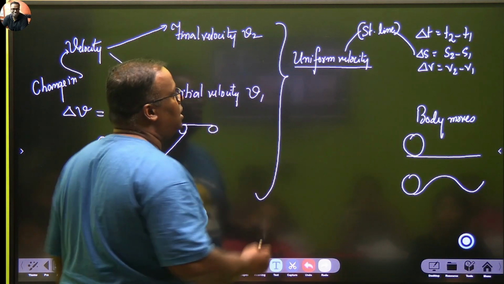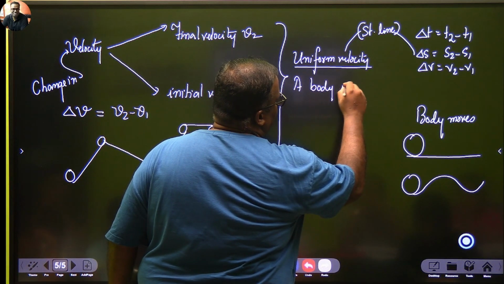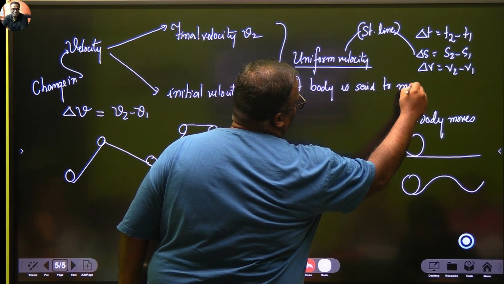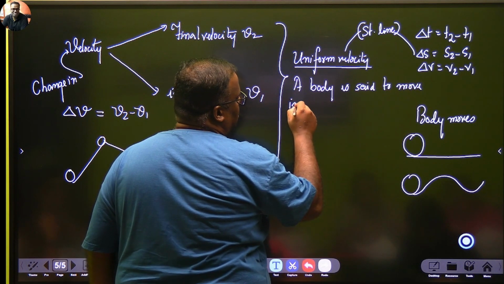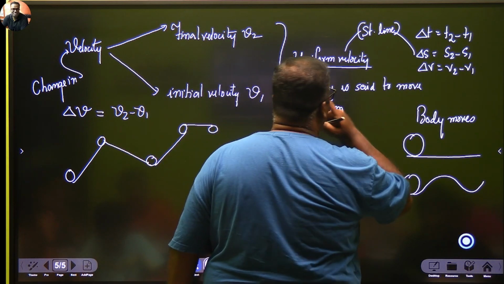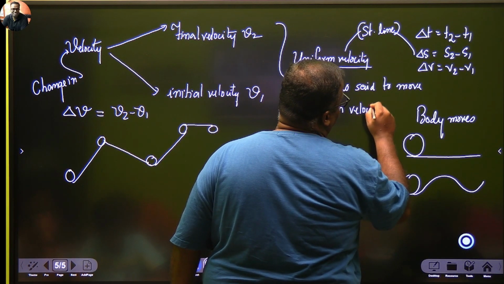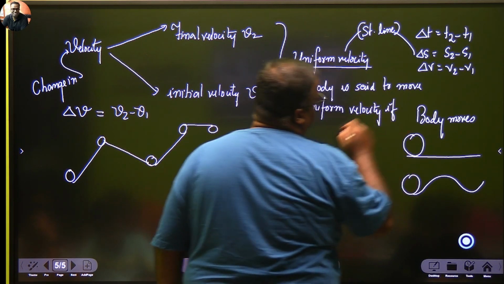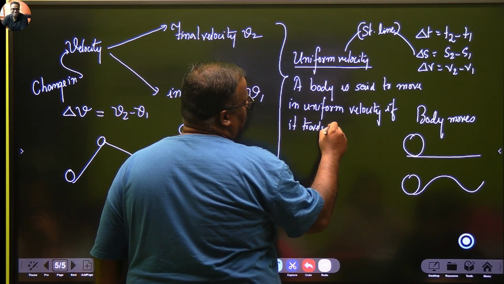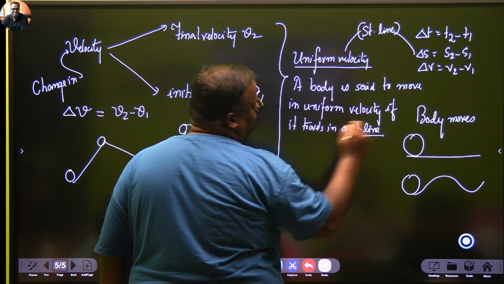So how will we write it? A body is said to move with uniform velocity if it travels in a straight line. The word straight line is very important.